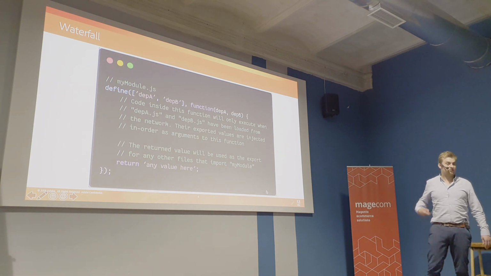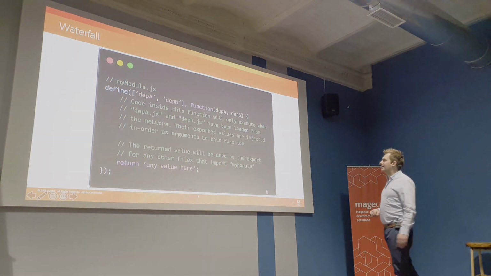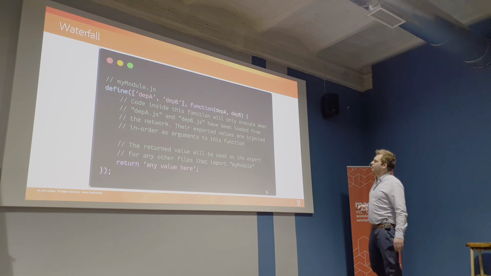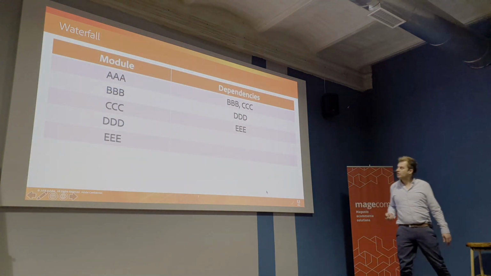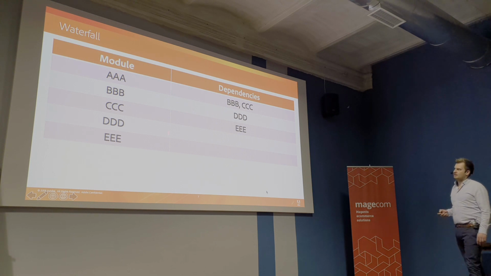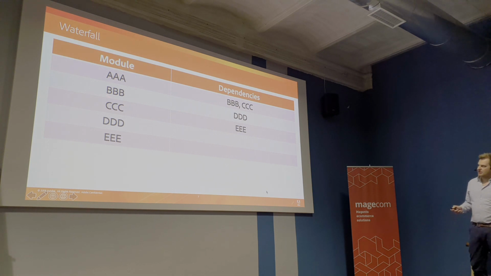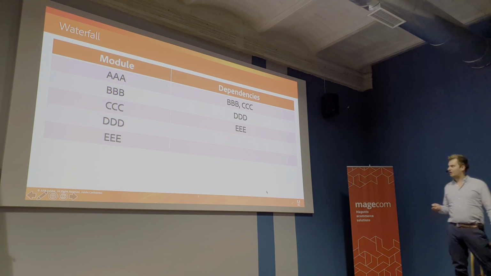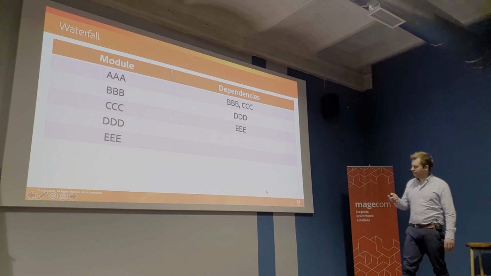And if you do that a lot of times, you're going to have a really big waterfall. And this can even go further. Maybe you have your mymodule.js, you have module A, and module A requires B and C, and B requires also D, C requires E, and then they do not require anything. How will the loading of this look?